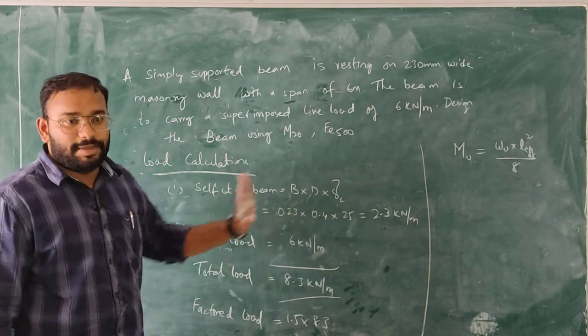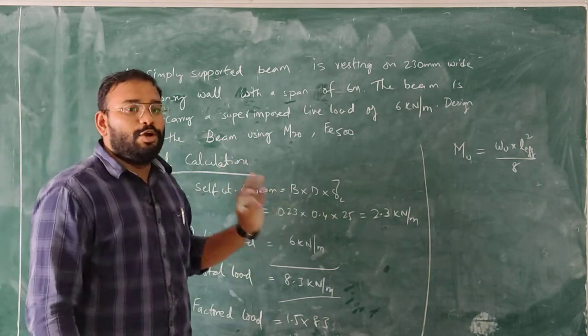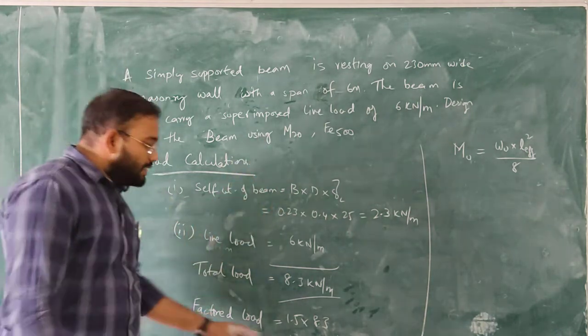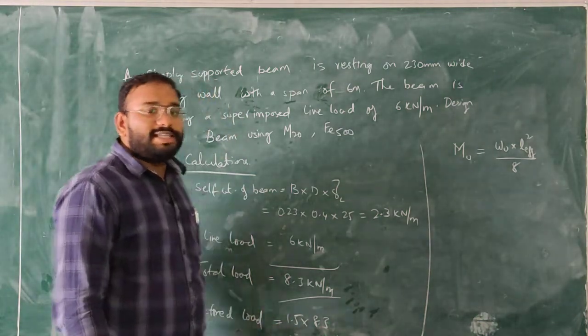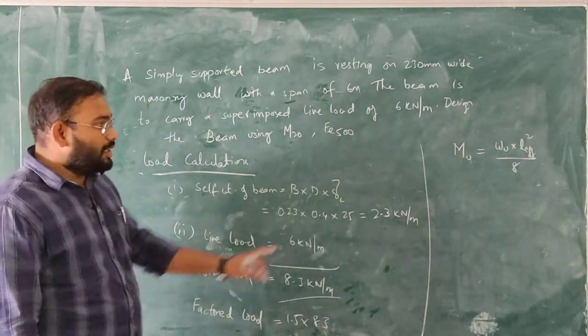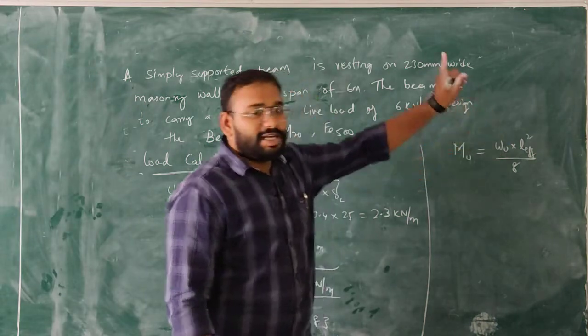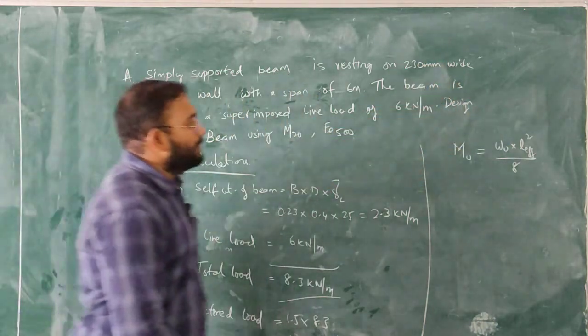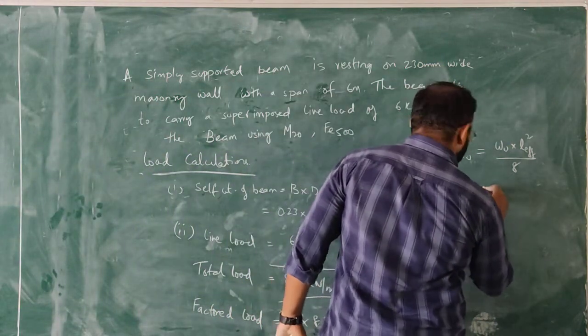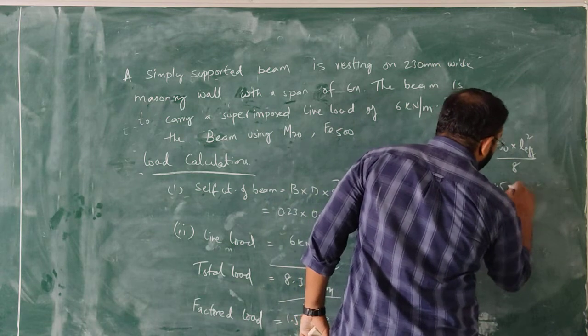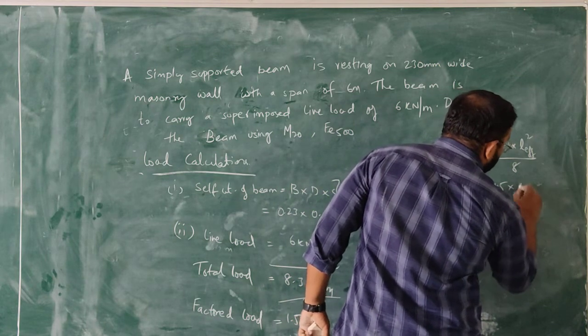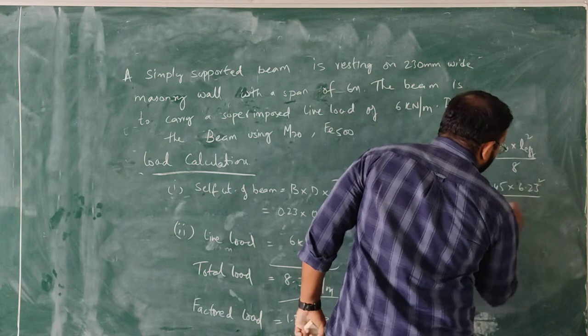All three mean the same: factored load, ultimate load, design load. It means 1.5 times of load is called factored load, ultimate load or design load, multiplied by L effective square by 8. So this will be 12.45 into what is L? 6.23 square by 8.